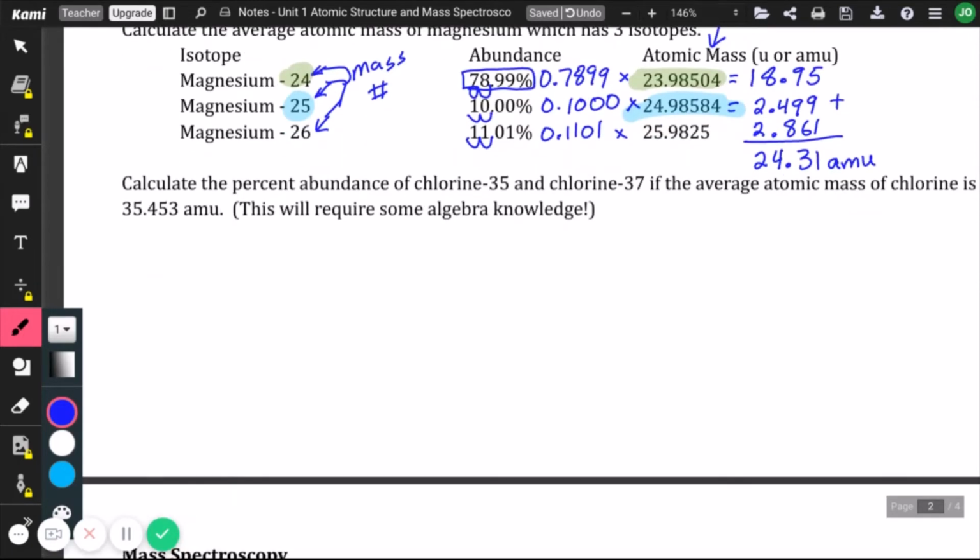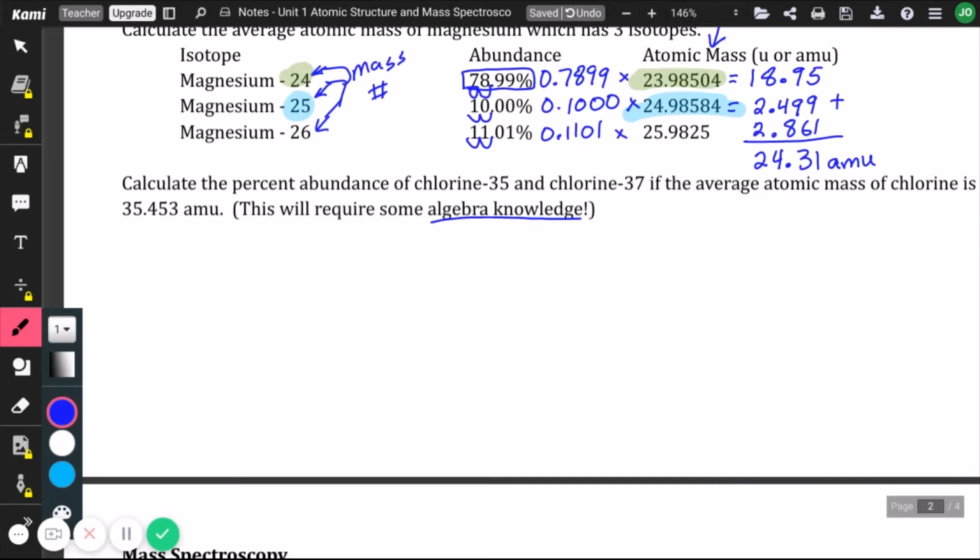All right, next one. This one's a little bit more tricky because this one, they're not going to give you your percentages. You actually have to solve for them. So it says calculate the percent abundance of chlorine 35 and chlorine 37 if the average atomic mass of chlorine is 35.453 AMU. Again, this is going to require some algebra knowledge. It's basically a system of equations.